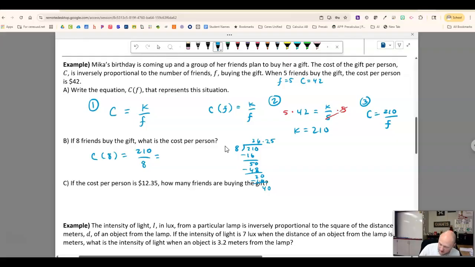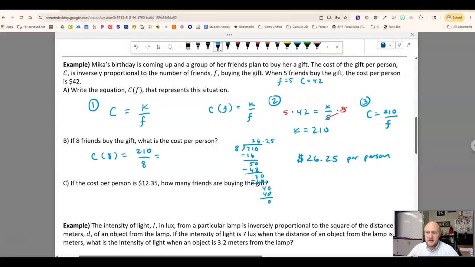So $26.25, right? I just had to refresh my division there. And let's see, is that what they got here? Yes, $26.25 per person.